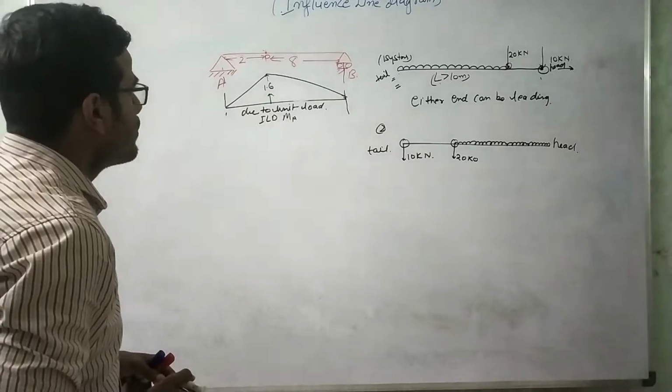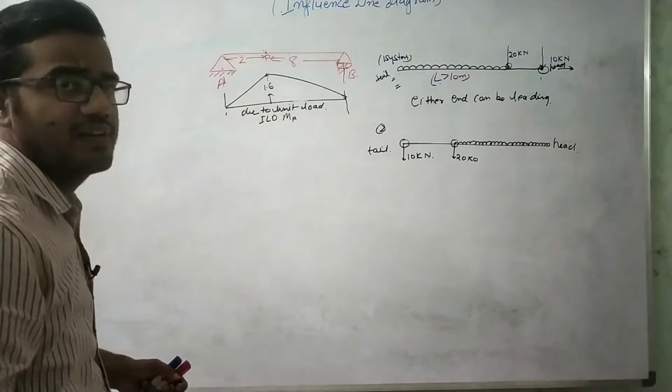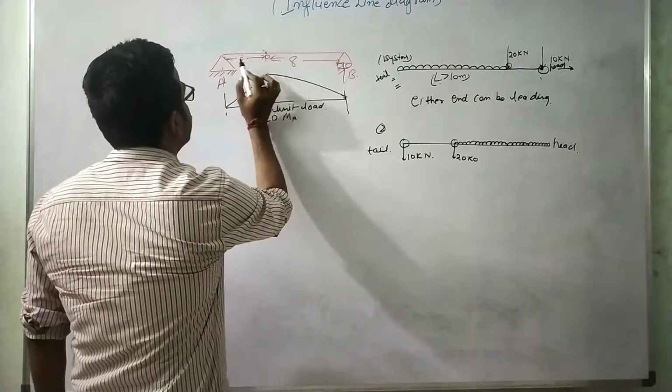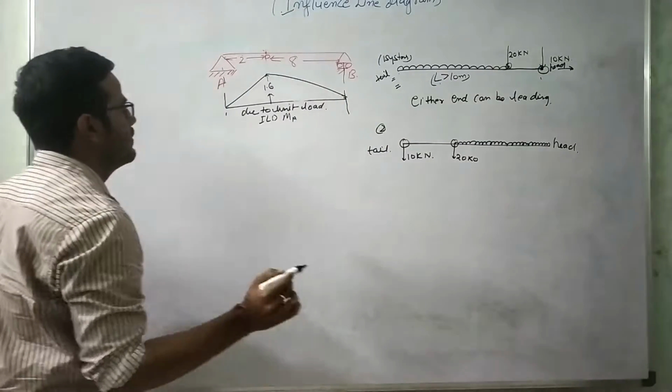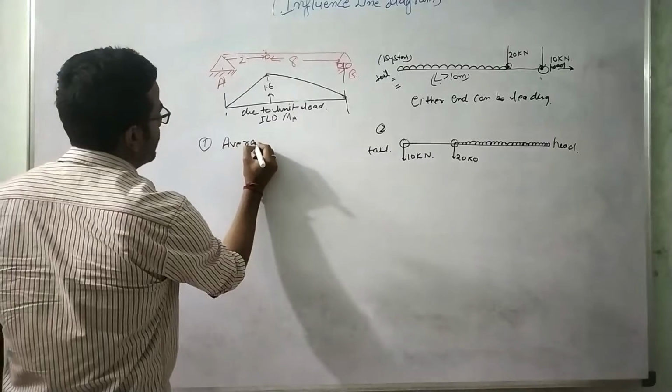And one more thing we have discussed in the past lectures is that to calculate the maximum moment at point P, the average load on AP should be equal to the average load on PB. This thing should be very, very clear.